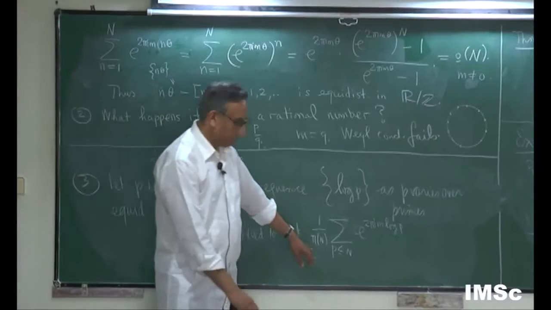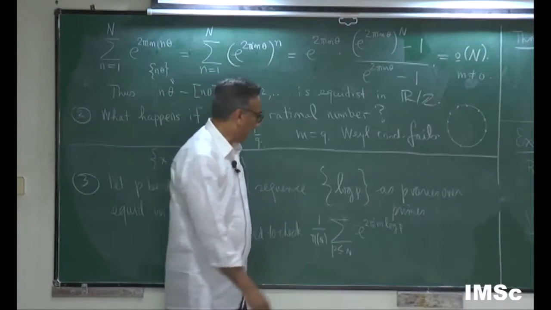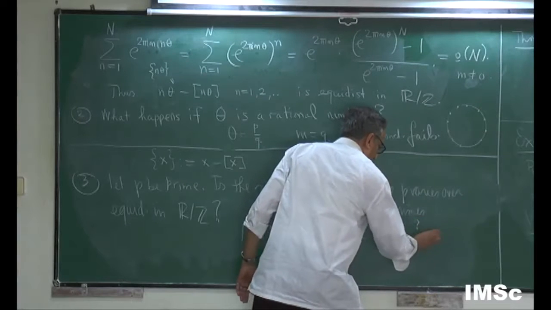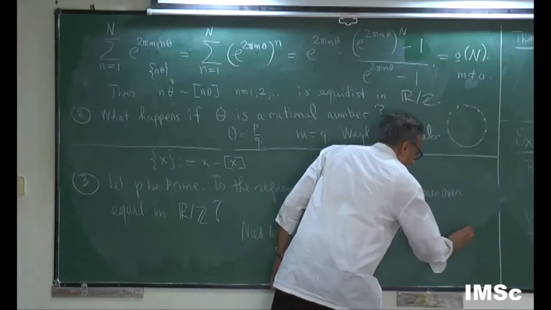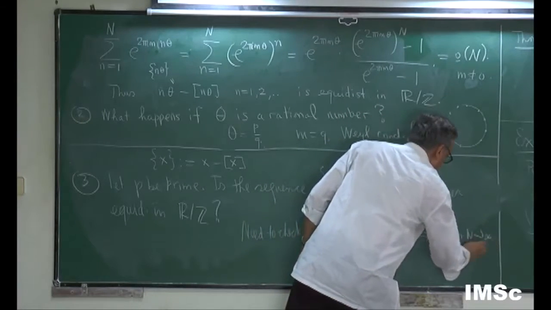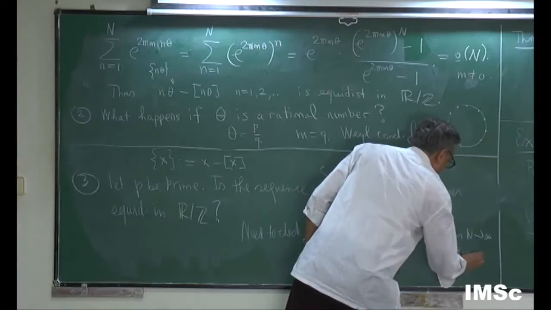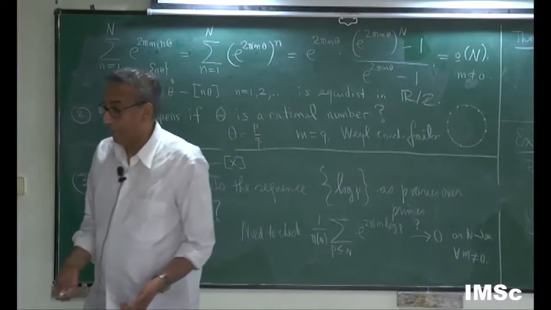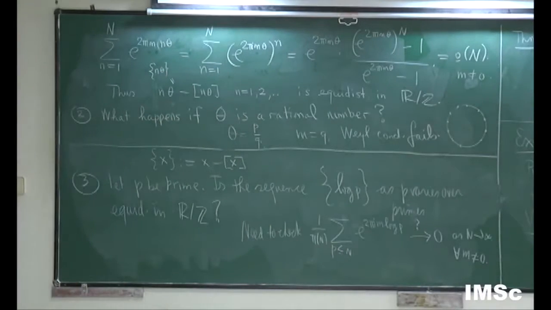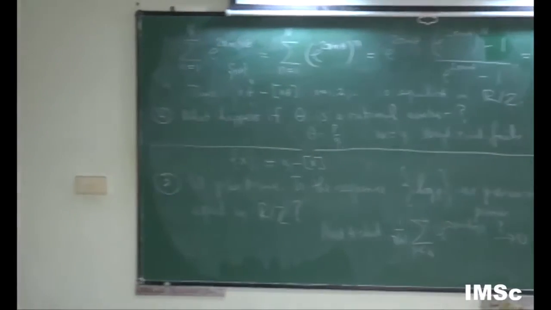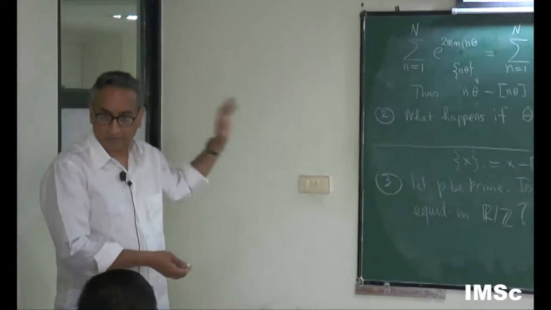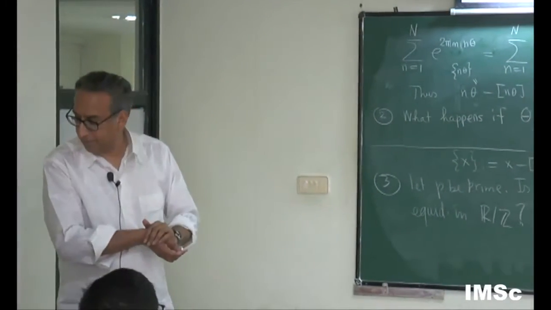So we only count these. In this sequence, we need to check whether or not this goes to 0 as n goes to infinity for all m not 0. That's what we need to check. If it's equidistributed or not, we have to check this. If for every m this happens, it's equidistributed. If for some m it fails, it's not equidistributed. Okay?